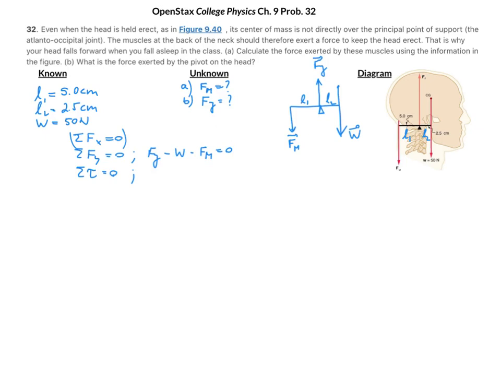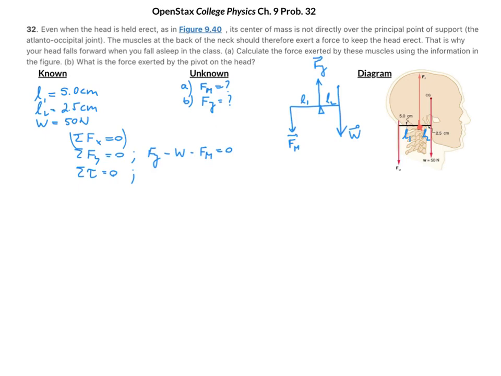So how about we write the equation for the torque, and the best place to pick a pivot is where there is an unknown force. So I don't know this force F sub j, so I'm going to pick this as my pivot. Then the torques that I'm dealing with are going to be the torque due to F sub m and the torque due to the weight, and there is no torque due to F sub j because F sub j acts right at this axis of rotation, so the lever arm is 0.